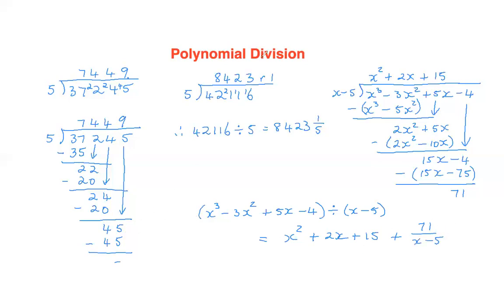Just like we did with our remainder up here, we put it over what we were dividing by to make the fraction part of our answer. So we do the same thing here. So there you go. That's polynomial division. Hopefully now you have a little better idea how it works.